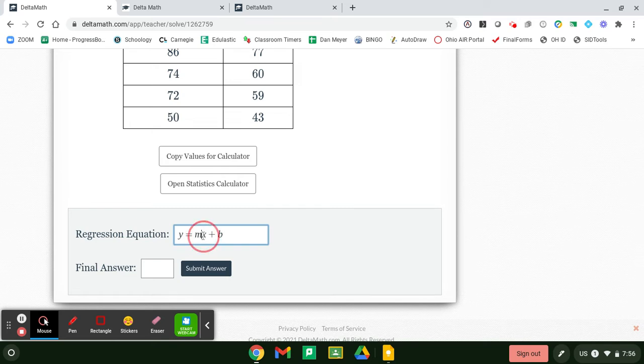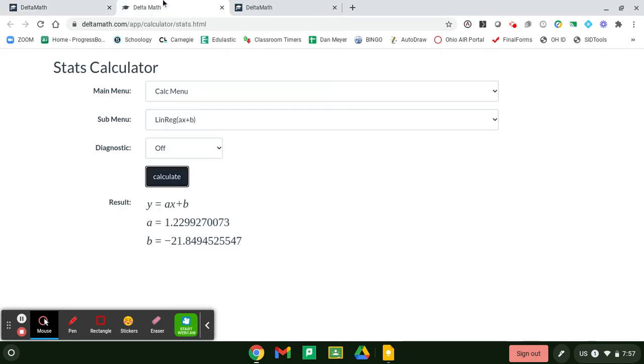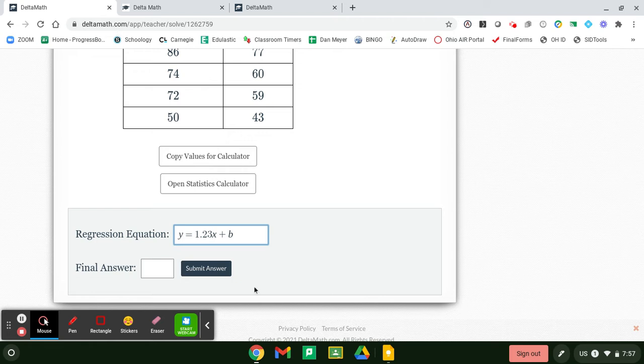Well, I know my slope is 1.23 now. And my y-intercept is negative 21.85 would be rounding to the nearest hundredth. So negative 21.85. So I'm going to take b out. You don't have to do that part. That was just for me. Negative 21.85. Okay. That is the line of best fit.